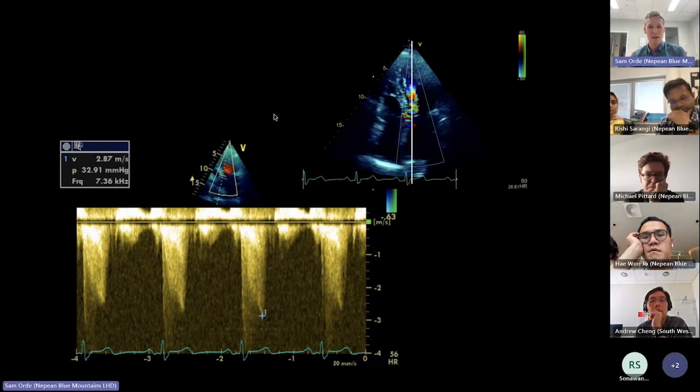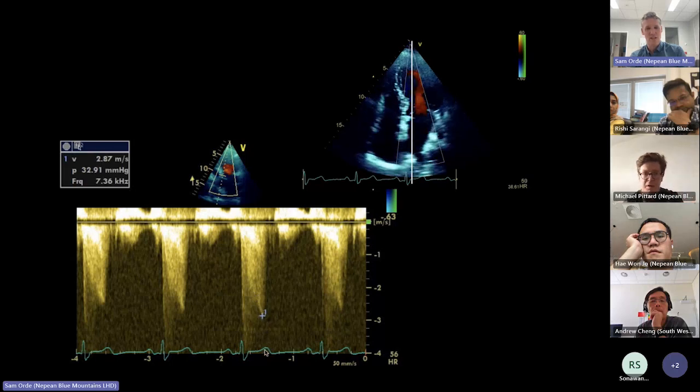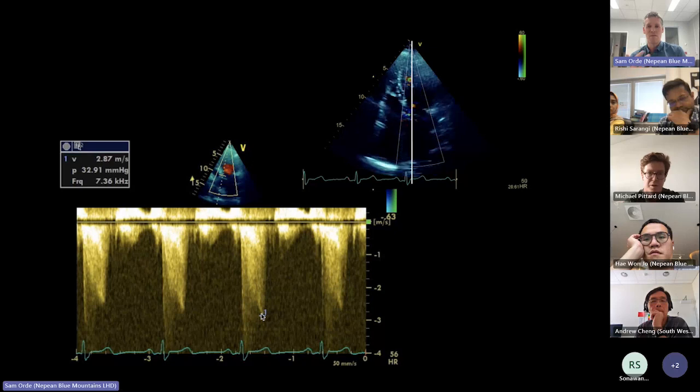All right, so these late peaking jets, I don't know if you can see my mouse, but what's been marked here by the number 1 is during the end of systole. So you're getting the peak happening towards the end of systole. So again, systole is from the beginning of the QRS to the end of the T wave. If you've got late peaking jets, that's a sign of some form of obstruction happening somewhere down that line.